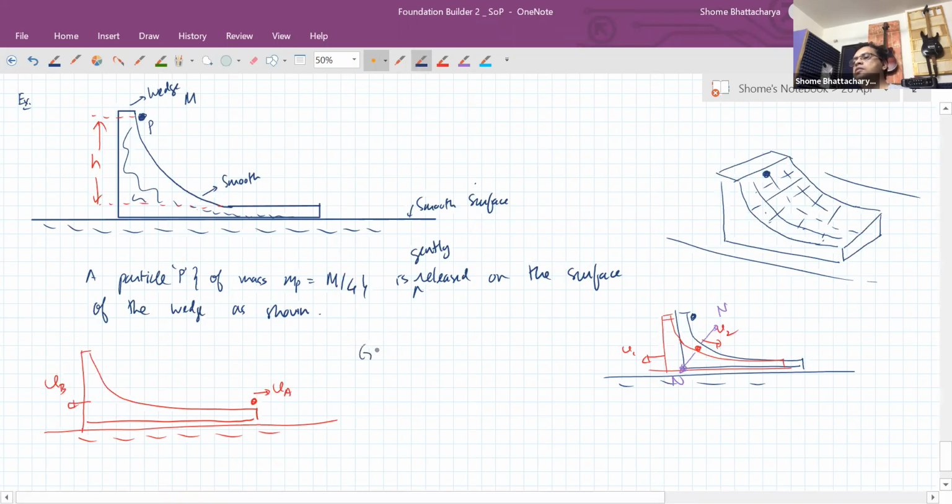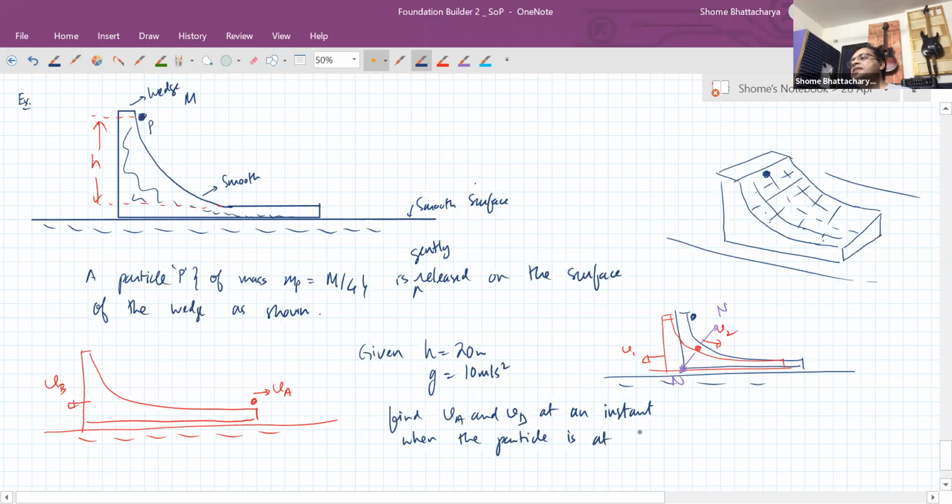Given that h is equal to 20 meters and g is equal to 10 meters per second squared, we want to find VA and VB at the instant when the particle is at the other end of the wedge. It's about to slip off the wedge.